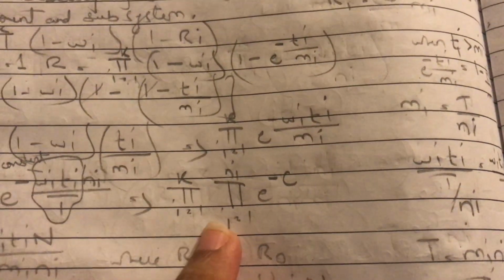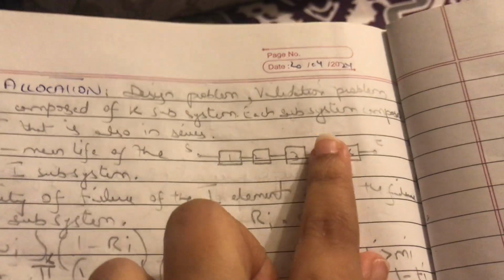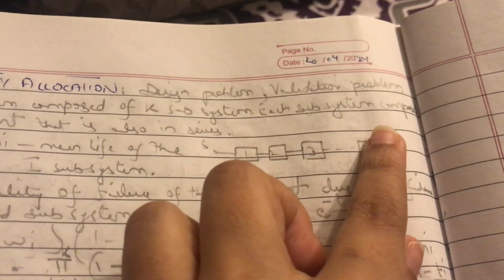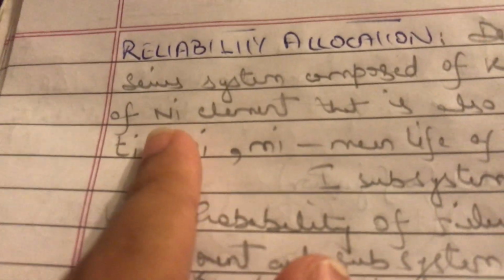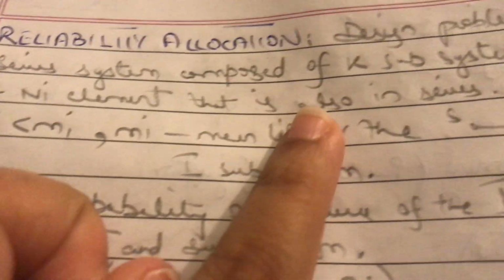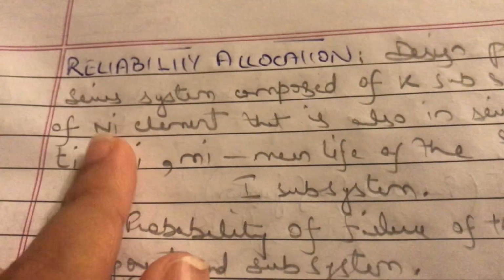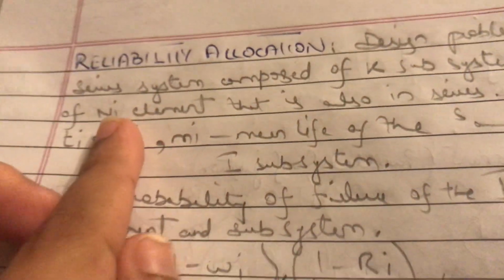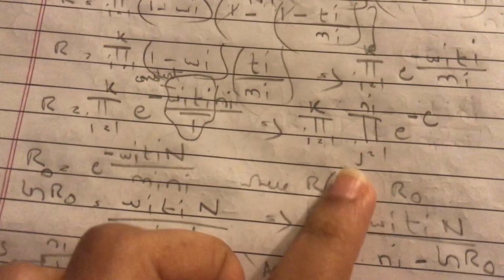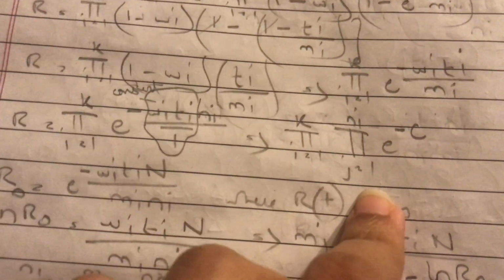You remember in the above we have a little theory here. We wrote that each subsystem is composed of Ni elements that are also in series. In series we have the product of all components, so that's why we have Ni here. Where it is Ni, we are putting this limit, j going from 1 to Ni.